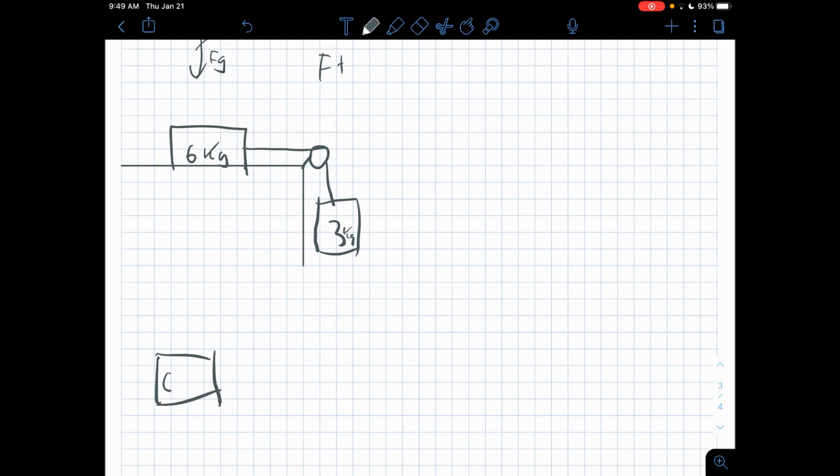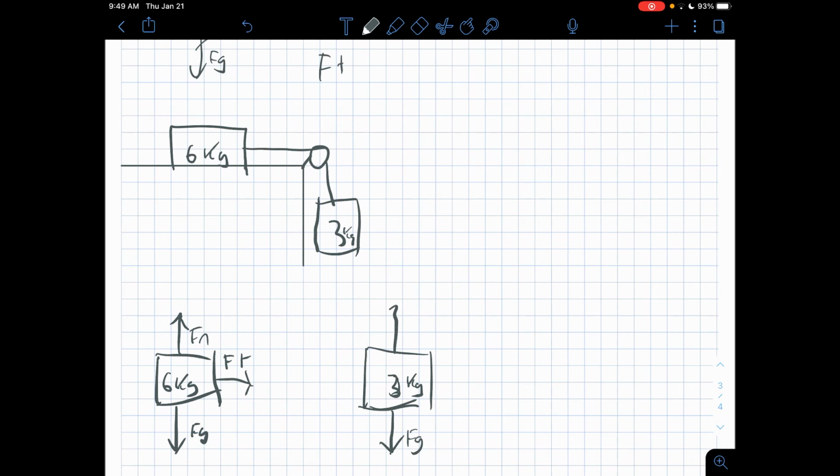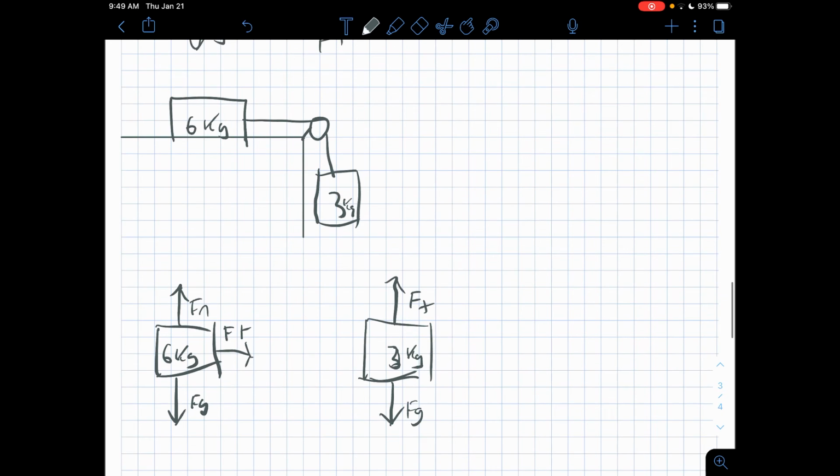Let's take the 6 kilogram box. It has the force of gravity, the normal force, and a tension force. And let's take the 3 kilogram box. It has force of gravity and force of tension up there. This has no normal force because it's not sitting on an object or on the ground. It only has Fg and Ft.